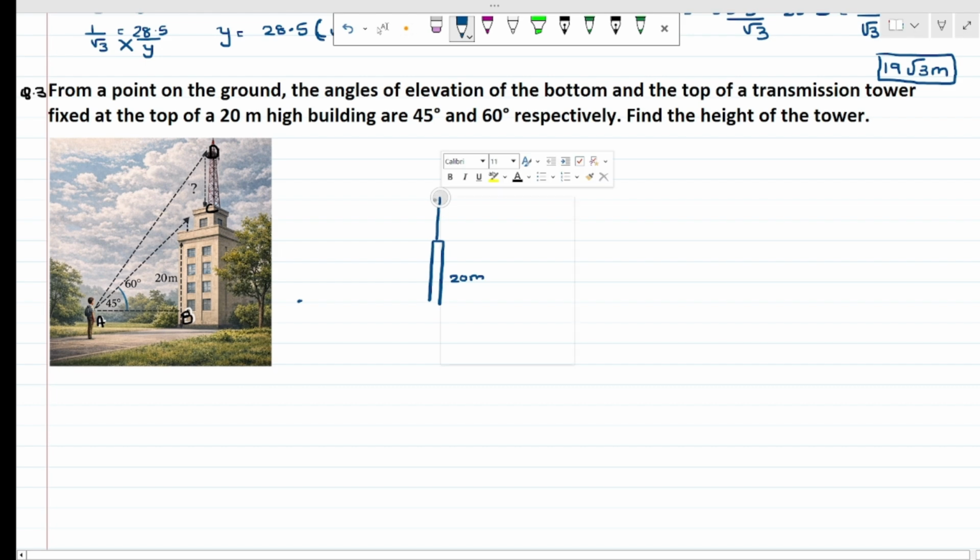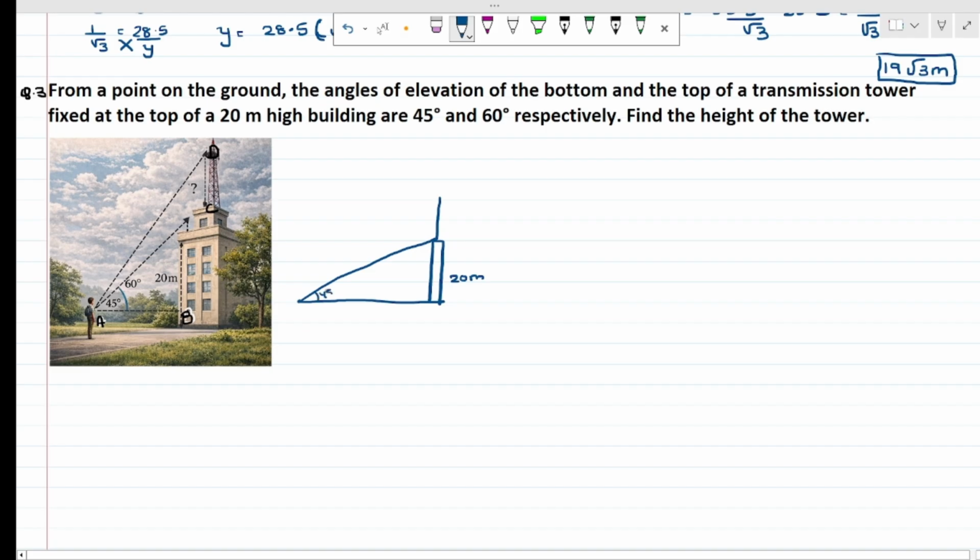Okay, this is my transmission tower on the building and the angles of elevation are 45 and 60 respectively.